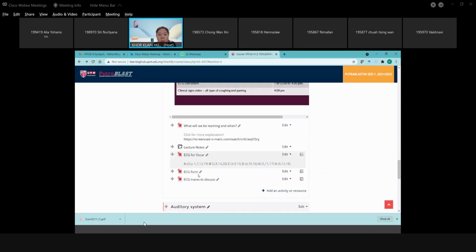So then we also have the abnormal traces. For the abnormal traces, I put there only 6 cases. Okay, then you split up in your group. So when you have your discussion later on the ECG form and the ECG for Oscar, then group 1, 7, 13, and 19 will attempt the first case, A. Then you just follow this one.